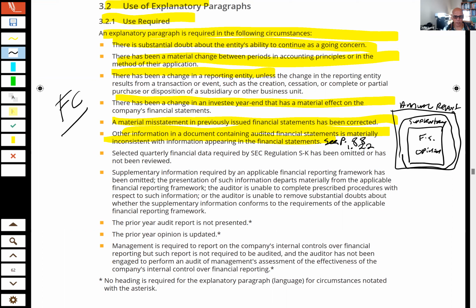And you look and you're like, well, I audited the financial statements and that's not correct. That's materially inconsistent with what I know to be the facts based on the audit of the financial statements. What do you do? Public company, add an explanatory paragraph that says, hey, statements made in that MD&A are not consistent with what is in the financial statements. There's a material inconsistency there.